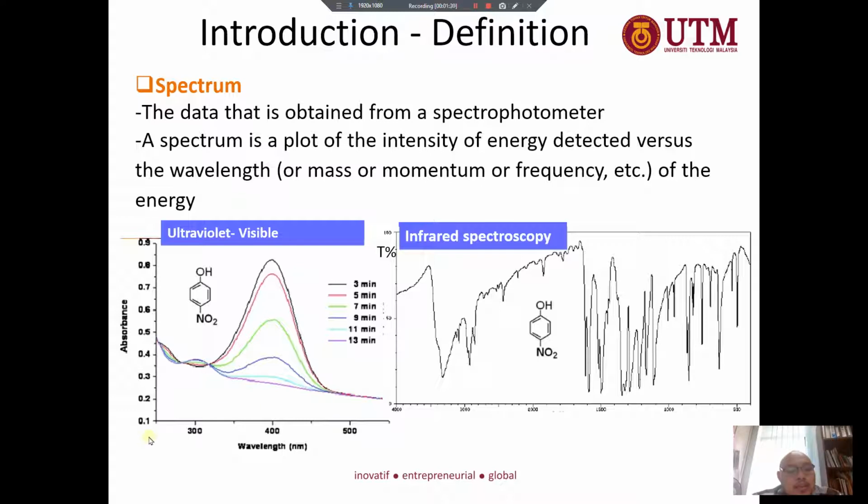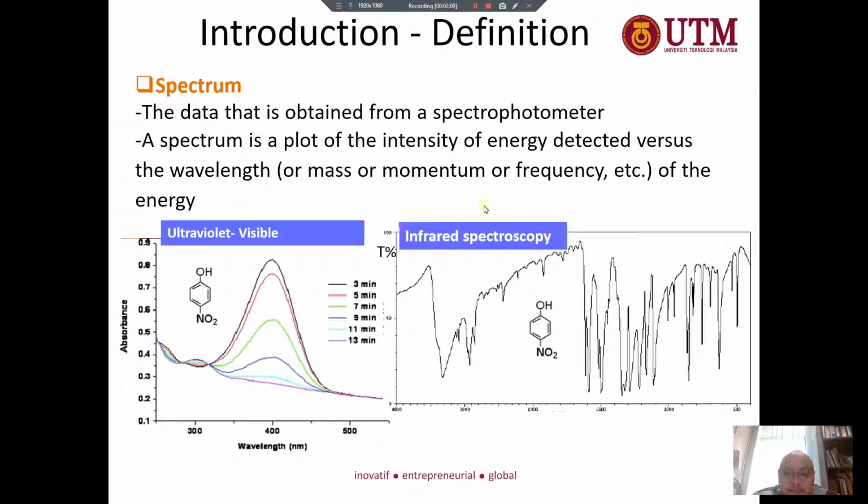For example, from 200 to 600, at 400 wavelength it can absorb about 85%. At 500 here, it can only absorb about 25%. So this is the kind of spectrum we should expect to get during the analysis.